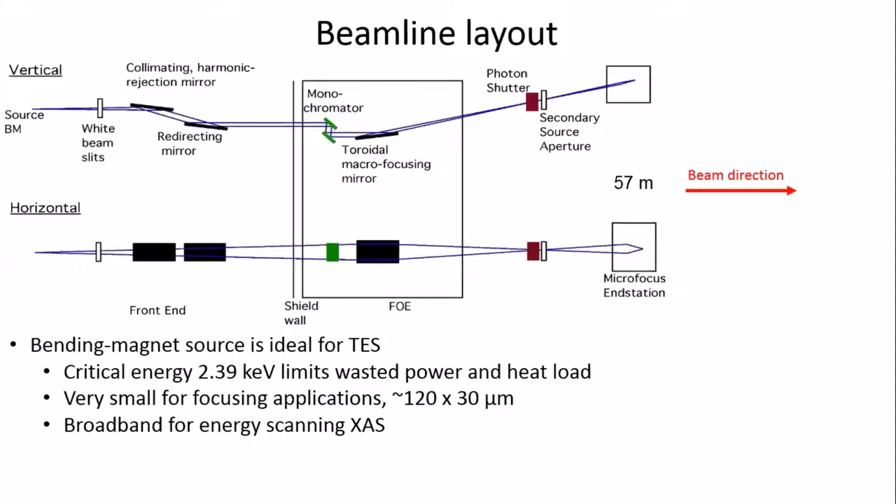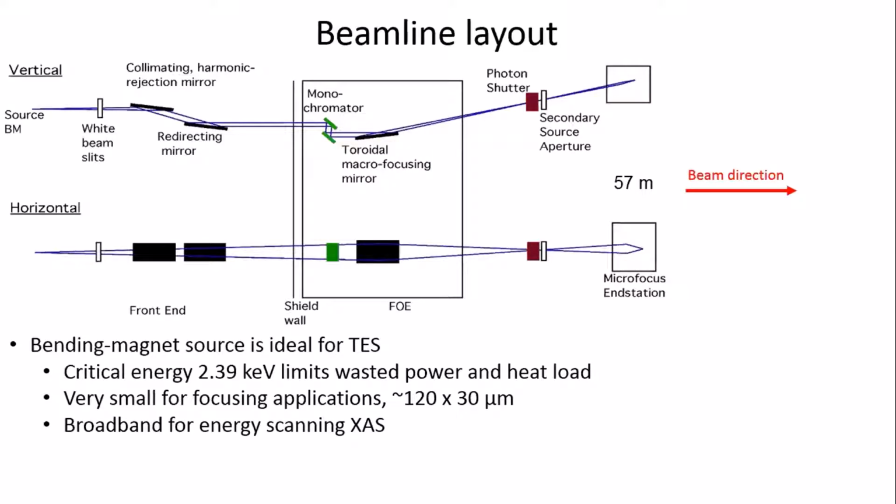Okay, so to jump right into the technical details, the overview of the beamline layout with beam from left to right. The source of the beamline is a bend magnet. Now, an NSLS-II bend magnet source is ideal for this. When they first started proposing the design for NSLS-II and describing the bend magnets, it has a critical energy of 2.39 kilovolts, so we limit the wasted power and extra heat load on the optics.